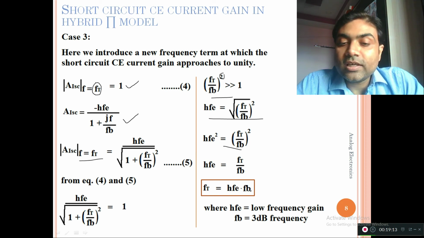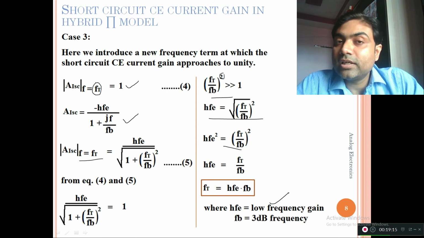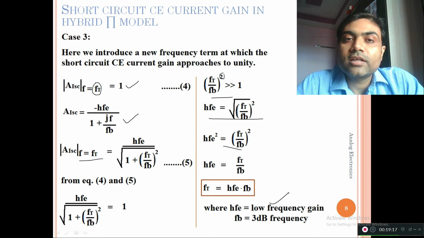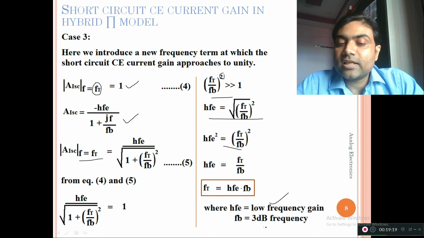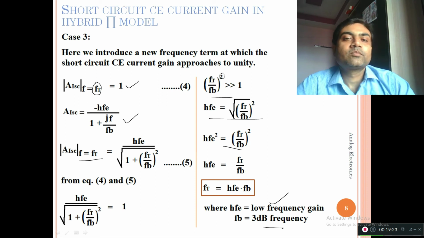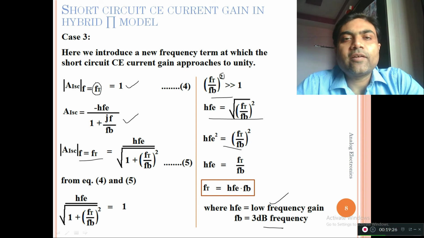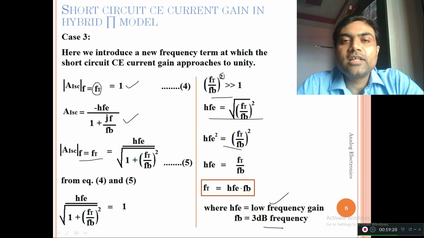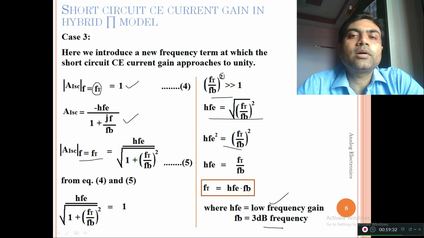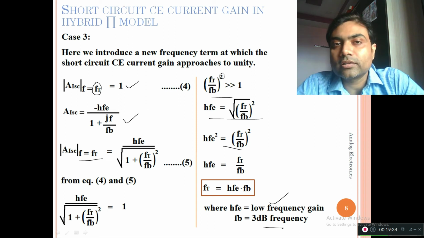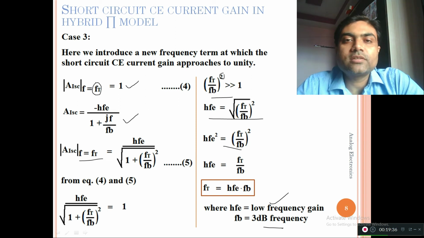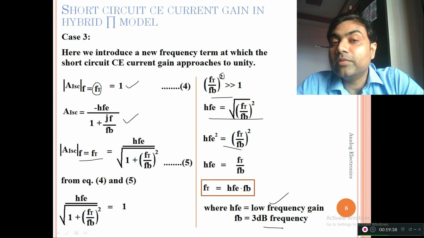What is HFE? HFE is the low frequency gain which we have calculated in case number 1. And what is FB? As I already discussed, FB is the 3 dB frequency. So what is Ft then? Ft is nothing but it is giving me the relationship between gain and frequency, and this is nothing but gain bandwidth product. HFE is gain and Fb is the frequency term, that is the bandwidth.